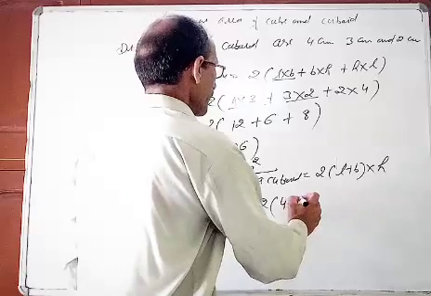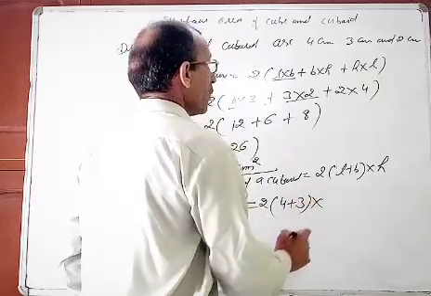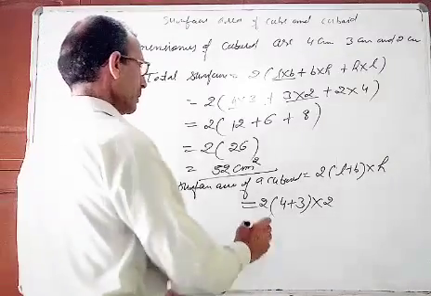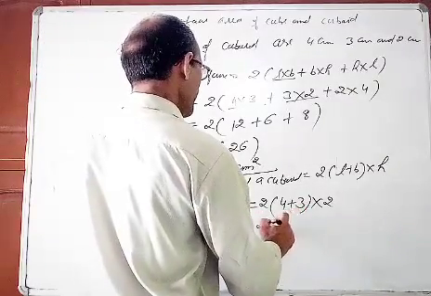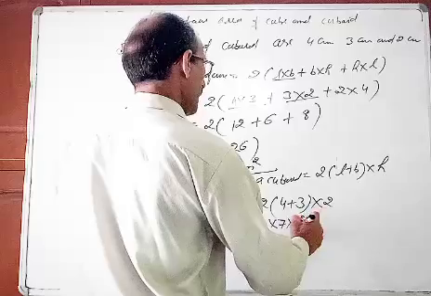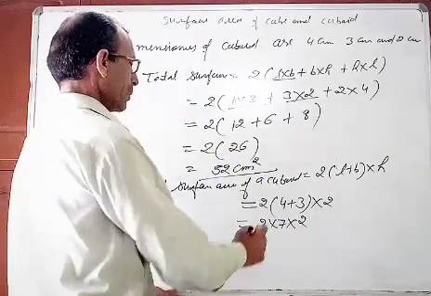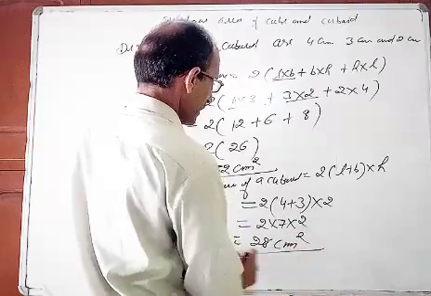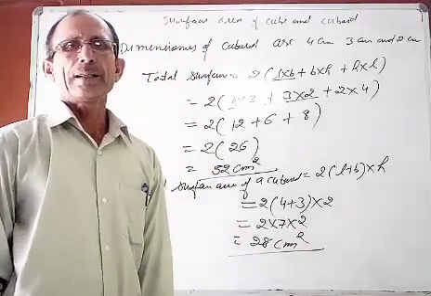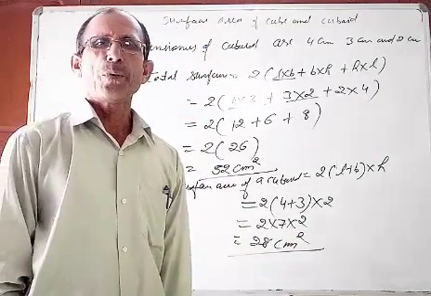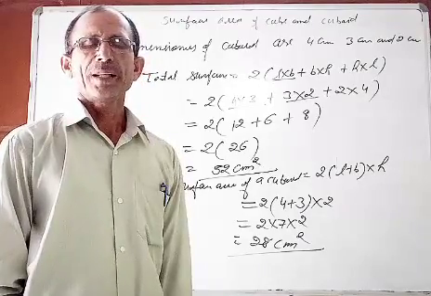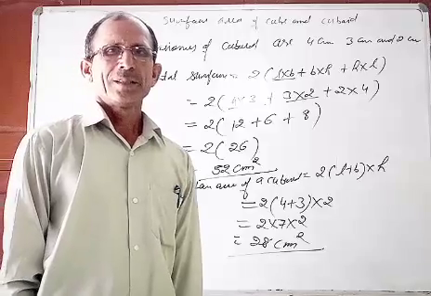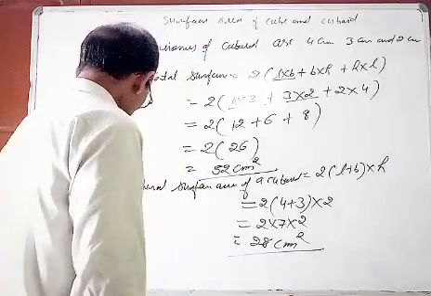What is breadth? Breadth is 3. What is height? Height is 2. So 2 into (4 and 3, 7) multiplied by 2. So multiply them, 28 square centimeter. This is the lateral surface area of the cuboid. Any doubt, any confusion? Have you understood? Okay. So next question.